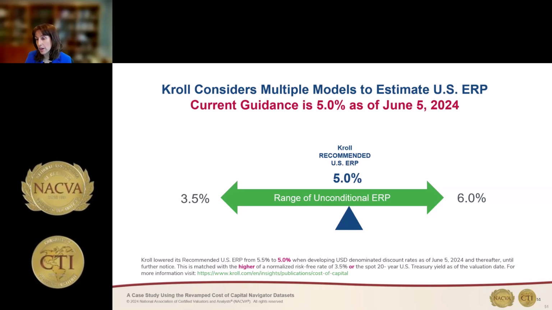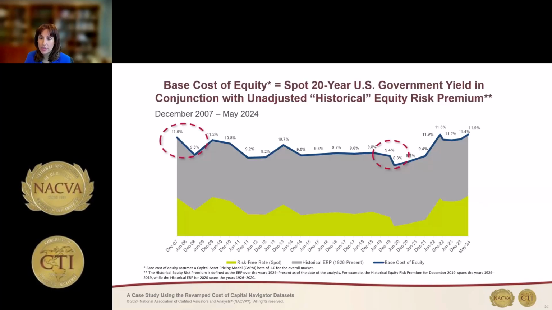We don't have the time to go through more details of our methods, but just letting you know that if we continued to use just historical data, which is what we used to do, honestly, until the global financial crisis of 08-09, and I was doing valuations myself, we just used the Ibbotson book. But that would have given you a very odd answer.